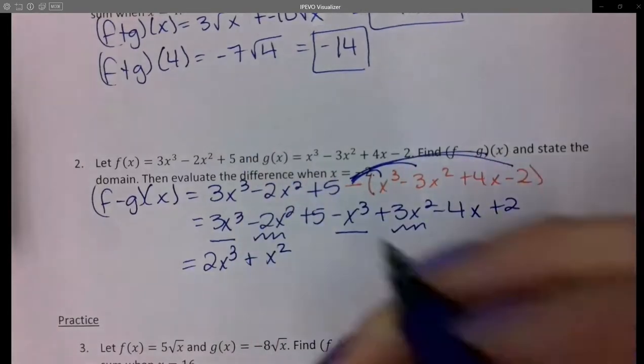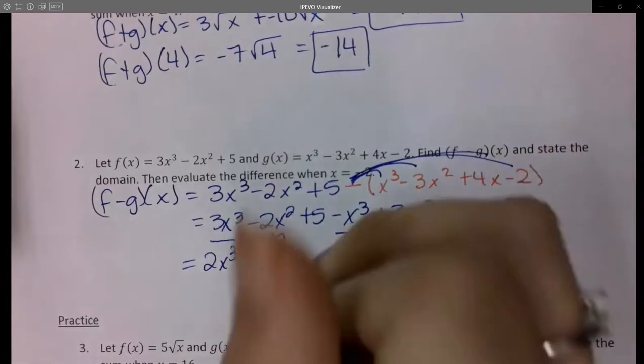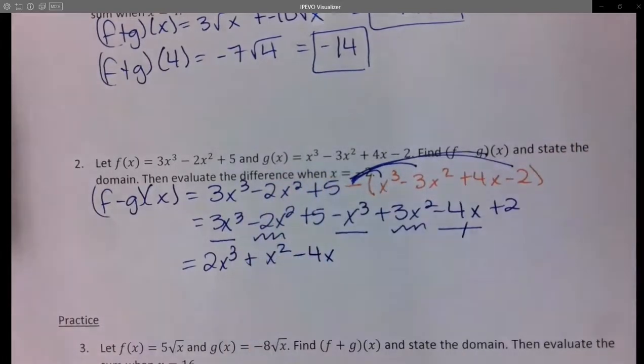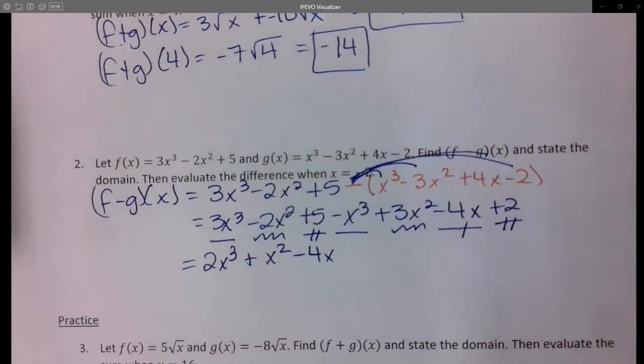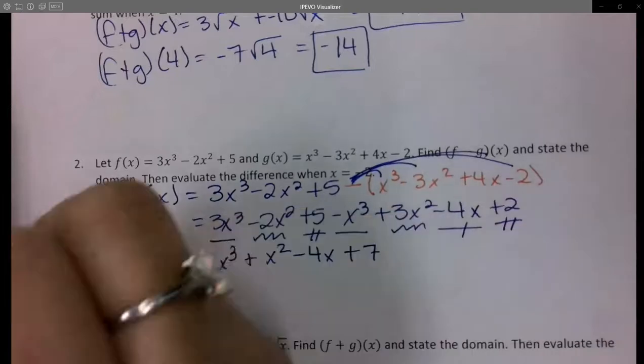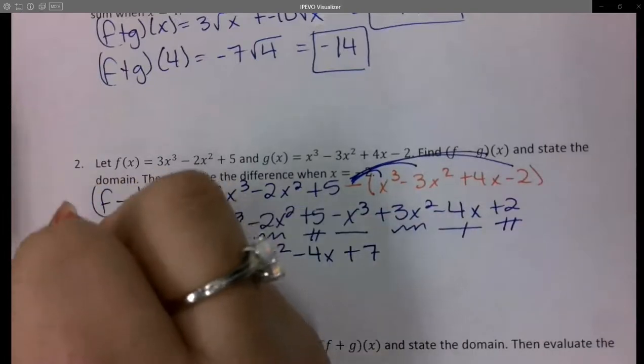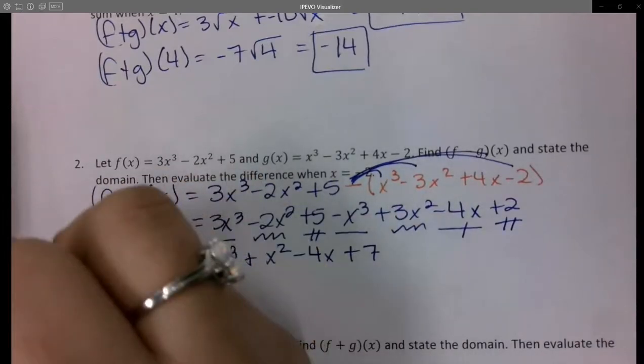Then I have negative 4x, and nothing to combine it with. And then I have 5 and 2, which just add up to 7. So this is my f minus g of x.